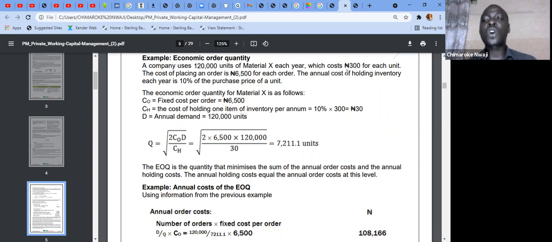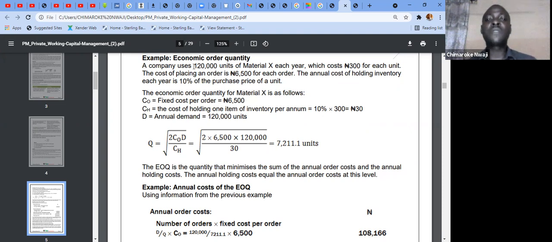The annual cost of holding inventory is 10% of the purchase price of the unit. So we check 10% of 300 naira, which gives 30 naira. So 30 naira is the holding cost for one unit.